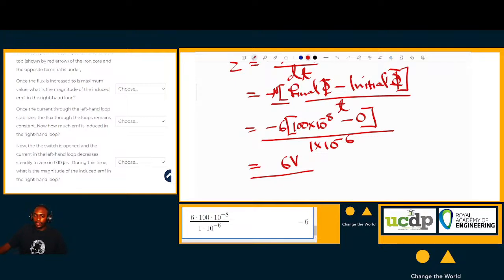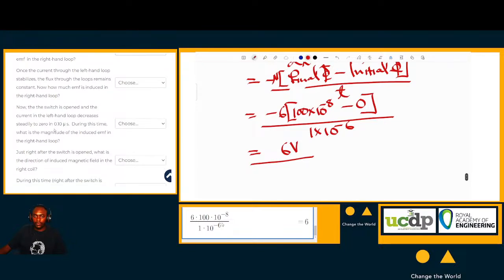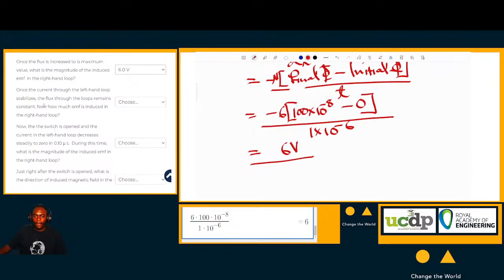Are we happy with that one? Yes, sir. Now let's move on again to the discussion one. It says, once the current through the left loop stabilizes, the flux through the loops remains constant.